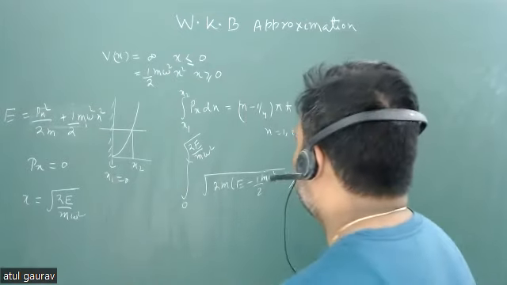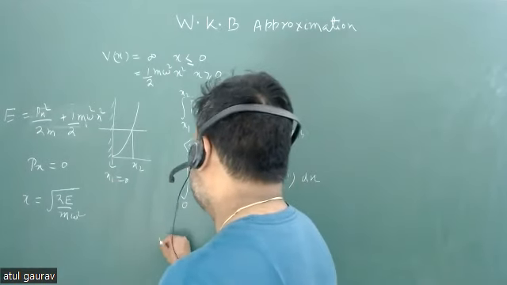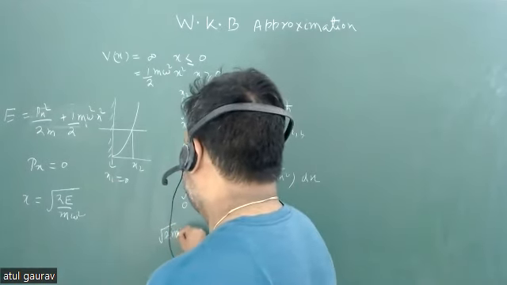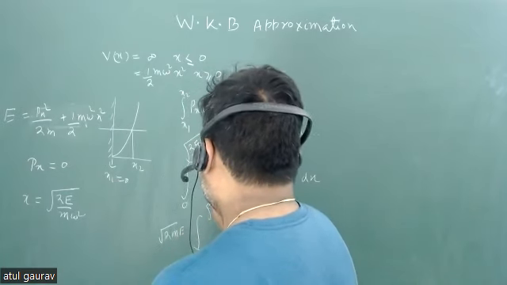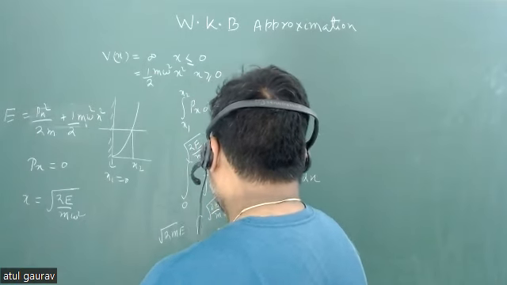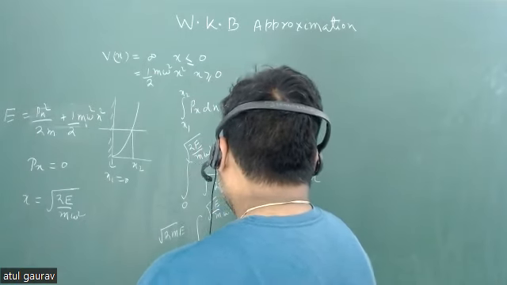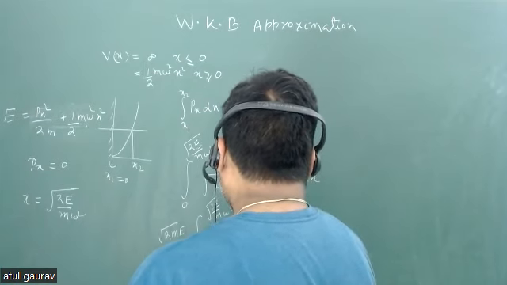In the last class, we also discussed how to solve it. You make it dimensionless, take 2mE common, and you have 1 minus m omega square upon 2E x square dx.